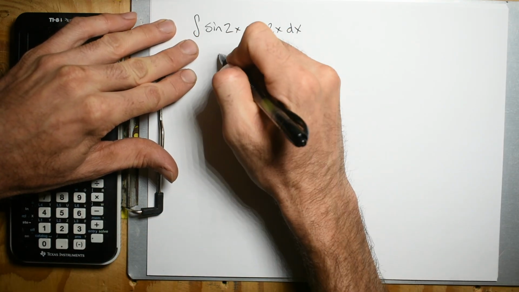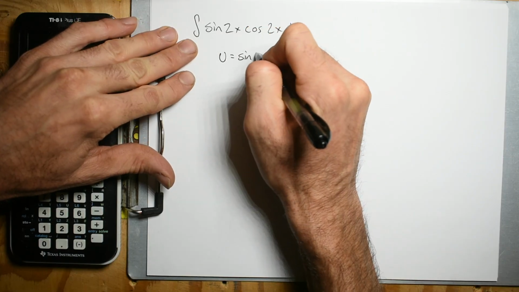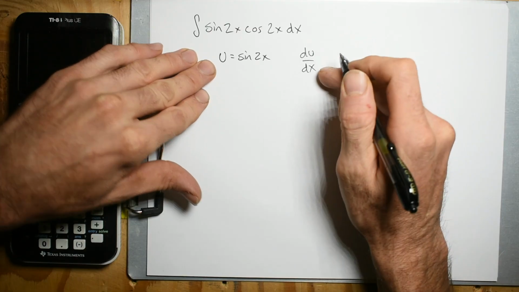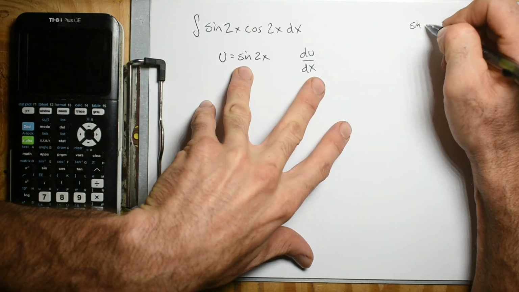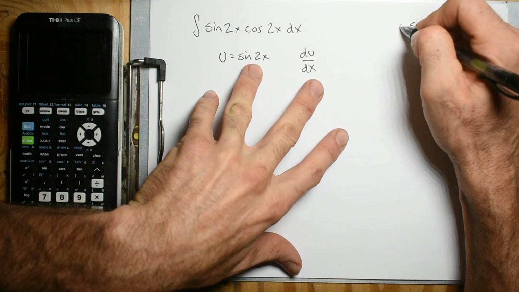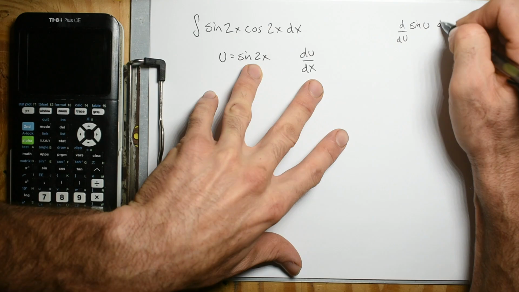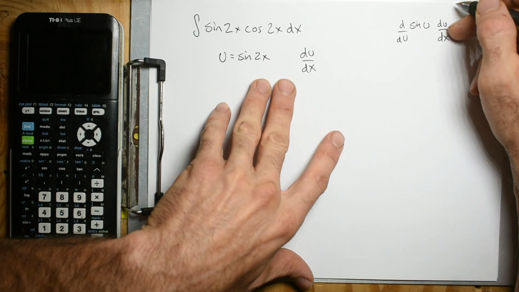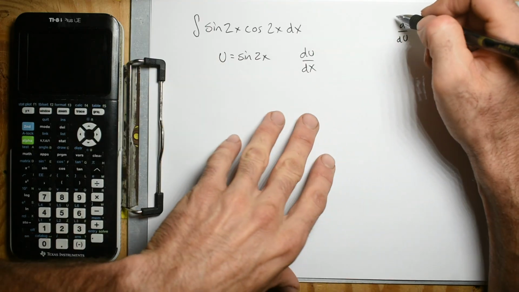So here's my u value. u is sine 2x. I need to take the du dx of this. Maybe I don't know it, but sine of u, I could take the derivative of that with respect to u, and then take du with respect to x. And then so this is a new u. This is for sure a new u.